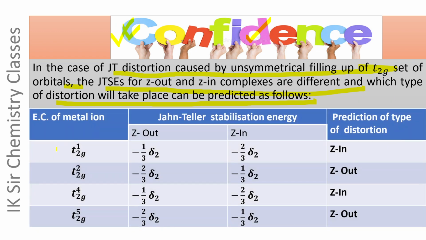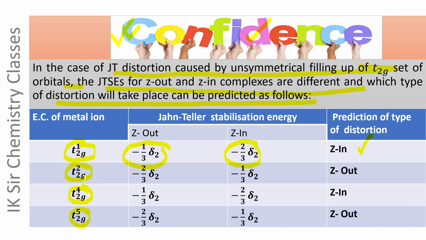These are unsymmetrical fillings up of the t2g set of orbitals: t2g1, t2g2, t2g4 and t2g5. And these are the Jahn Teller stabilization energies. In t2g1, the Jahn Teller stabilization energy in Z in is greater than that in Z out, and therefore Z in distortion will take place.